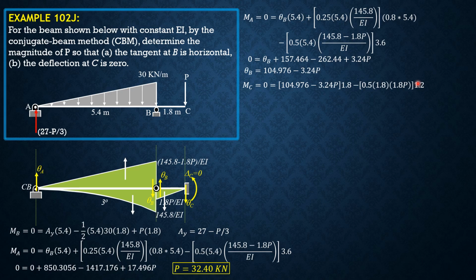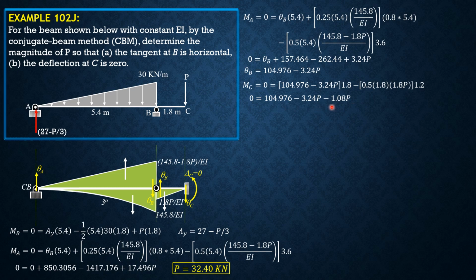Then we just set EI equals 1, so there's no more EI here because it is constant. By the way, in this equation, we divide everything by 1.8, so we copy just the terms inside the brackets and remove 1.8 here. So 0.5 of 1.8 times 1.2 is negative 1.08P.